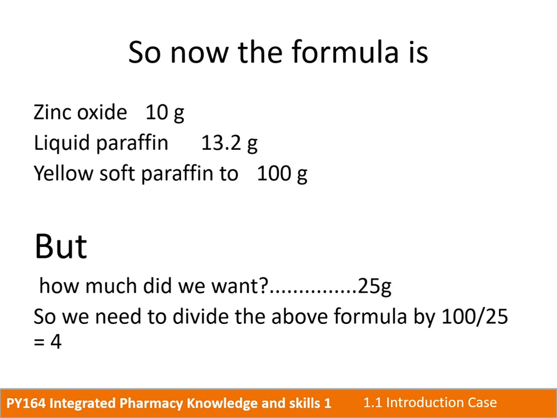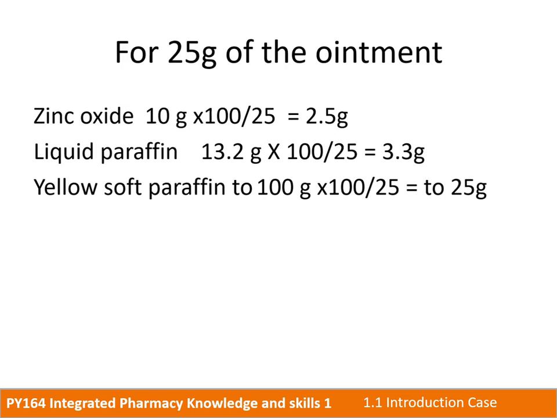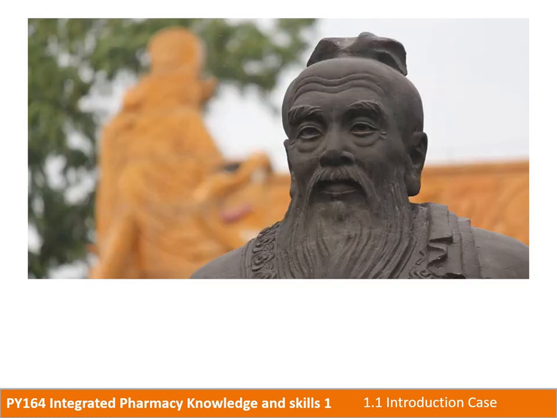So we divide it all by 4, and that gives us very approximately 2.5 grams of zinc oxide, 3.3 grams of liquid paraffin, and 25 grams of yellow soft paraffin. I hope that's made sense. It's a fairly simple idea.